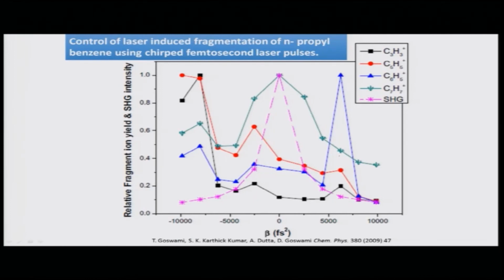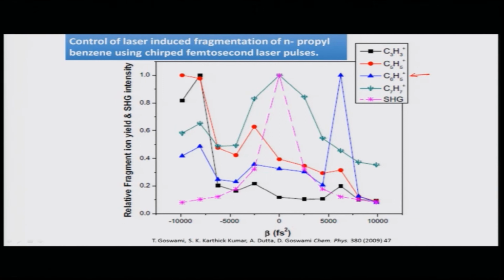So, given that the information content in these cases can be related to the frequency content of these pulses, it can be translated into the fragment ratios which have been seen here.